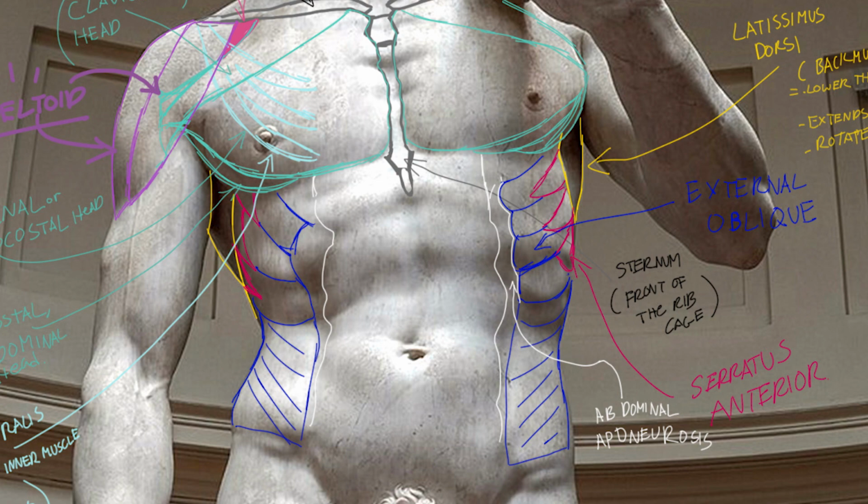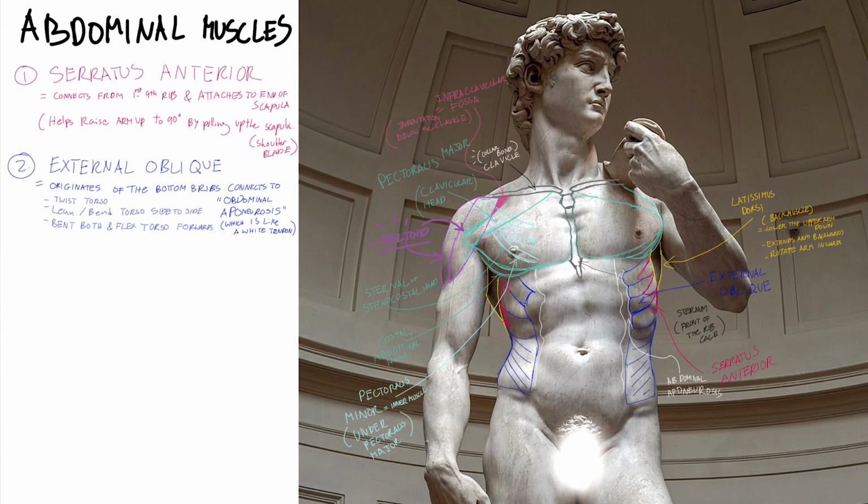So there is this white tendon that connects to that, so that it doesn't connect directly with the rectus abdominis. And the external oblique's main function over here is to mostly twist our torso.